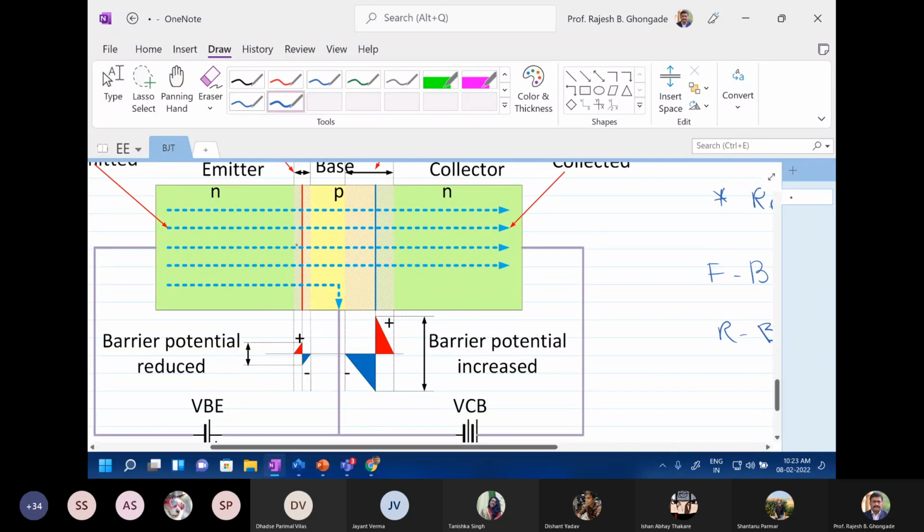As you can see here, the barrier potential for the emitter base junction is reduced, whereas the barrier potential for the collector base junction has increased. समझ में आ रहा है कि नहीं? Yes, sir. Simple, very simple steps. So once I forward bias the emitter base junction and reverse bias the collector base junction, these changes will happen.